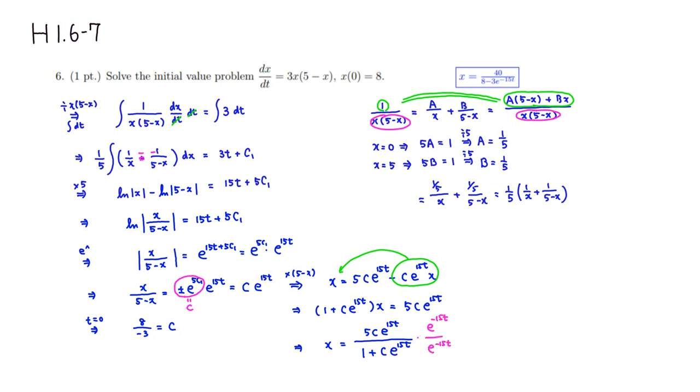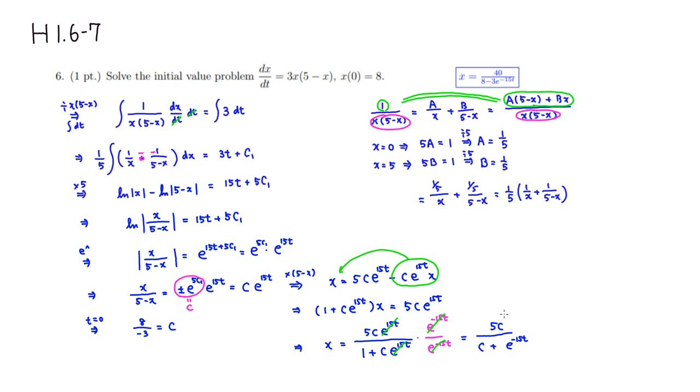So on top, e to the 15t and e to the negative 15t cancel out, and you're going to get 5c. Then on the bottom, I'm going to write this one on this side, e to the negative 15t. These guys cancel out, so you're going to get just c here.